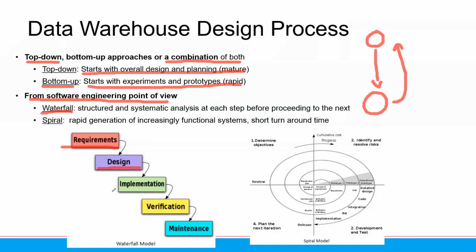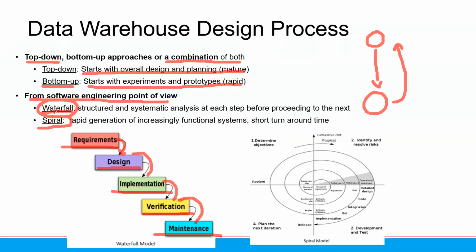Then we will do the implementation, and after the implementation, we will verify, and then we will do some maintenance. We call this waterfall, because we do the next stage after we finish the previous stage.